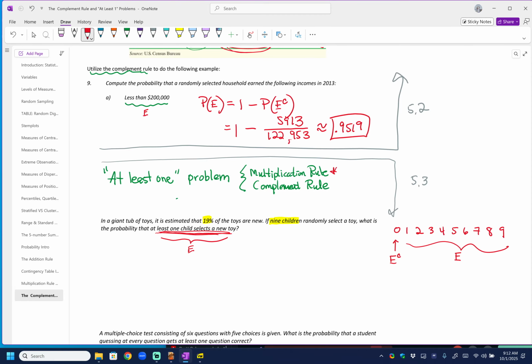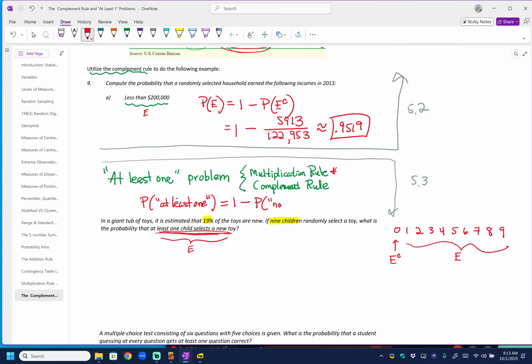And it turns out that in general, at least one problems focus on this one important concept that I just mentioned. So often we say, whenever you want to find the probability of at least one of something, then that's always going to be equal to 1 minus the probability of none of it.